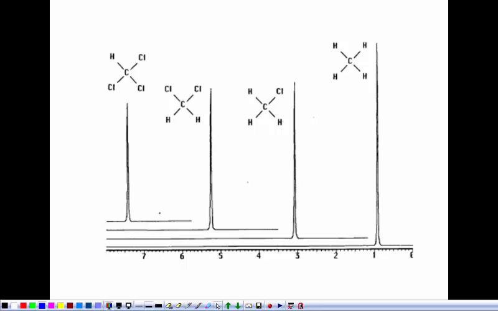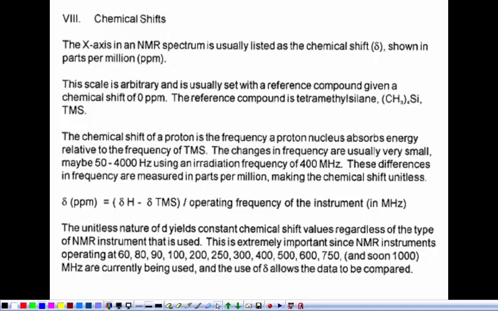But what units do we have on the x-axis? Well, we have units that are called the chemical shift. And the chemical shift is given an abbreviation of delta. And it's in parts per million, and I'll tell you where that comes from here.